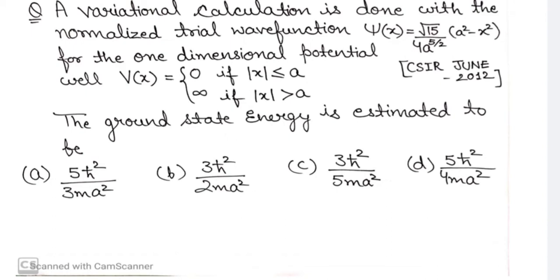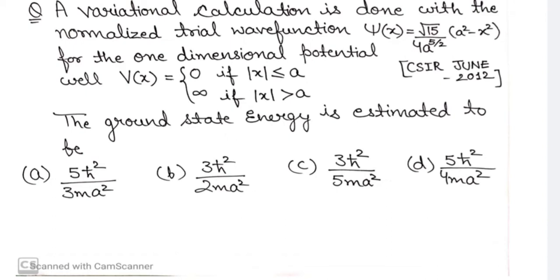Now let's start the discussion about this question which has been asked in previous years in the CSIR NET Physics exam. This question was asked in CSIR NET June 2012, and when we read it, we will easily see that it is related to the variational method. Let's read it and get the information from it.